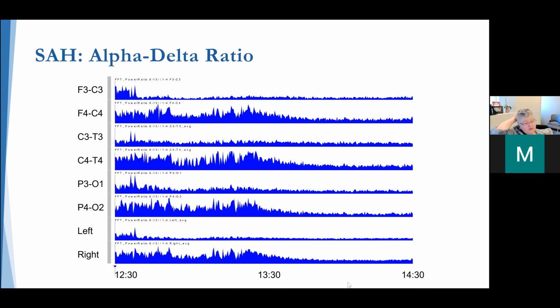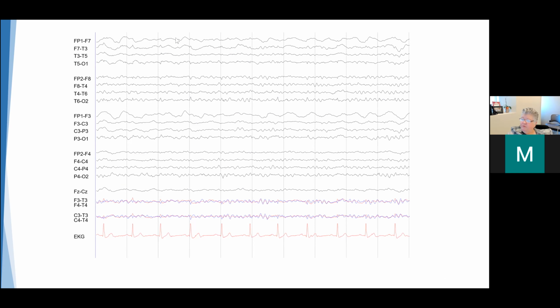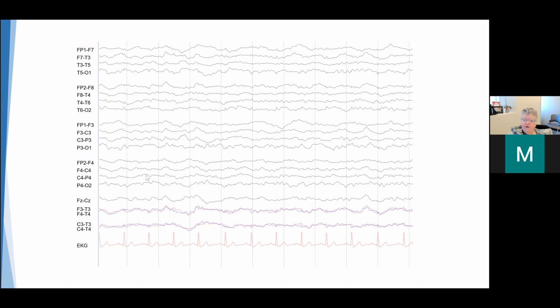This patient unfortunately had very severe global vasospasm, and that was not able to be effectively treated. Here's the raw EEG for that patient, showing the initial slowing and loss of fast activity over the left versus right hemisphere, left parasagittal versus right parasagittal. And then when the trend showed that global decrease, we see diffuse background slowing.